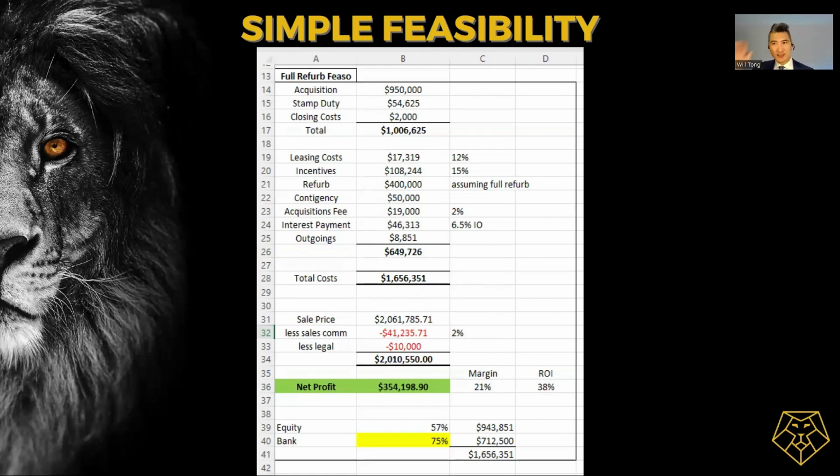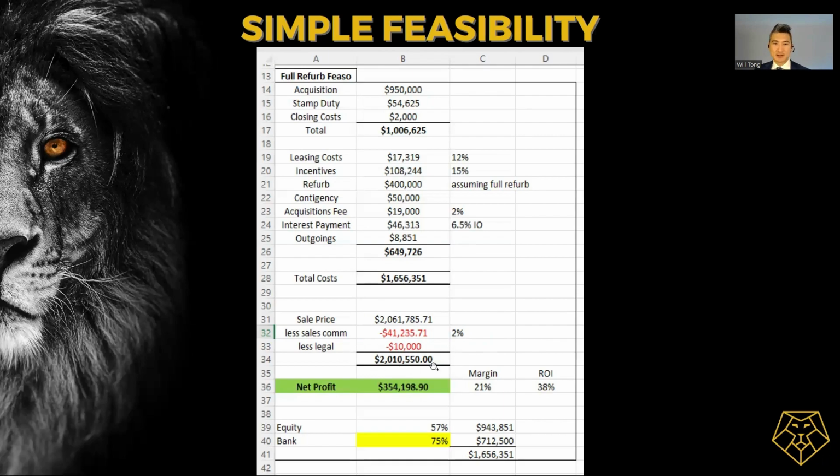Now, assuming after refurbishment and repositioning the property could be sold for a little bit over $2 million, I would then factor in how much it's going to cost me to sell the property. It's obviously going to cost me some legal fees and some commissions.